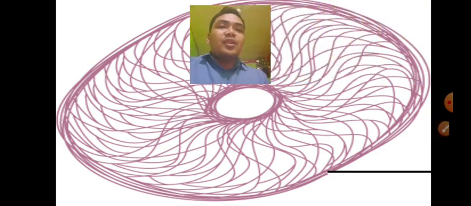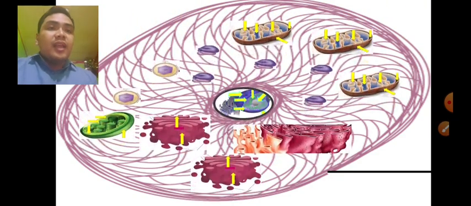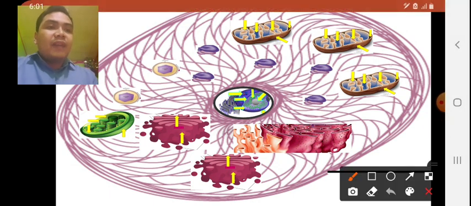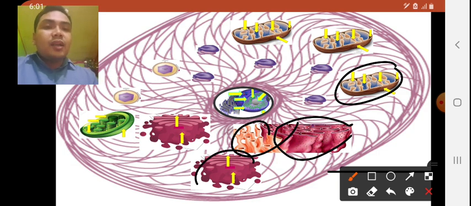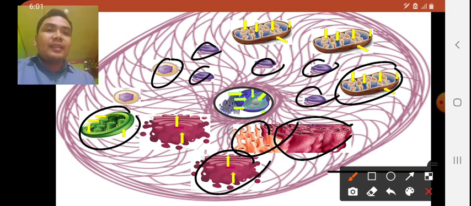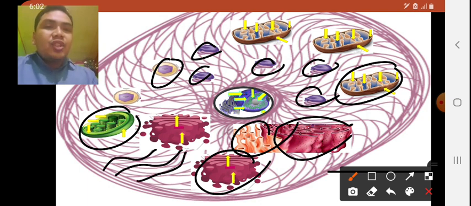As you notice in our illustration, we have a typical cell in which inside this cell we have the different organelles that we tackled from the previous video presentations. So you have the mitochondrion, the rough and the smooth endoplasmic reticulums, the Golgi body, the chloroplast, the peroxisome, and then you have the ribosomes. But take note, class, that these organelles are located within the gel-like structure of the cell known as the cytoplasm. But observe carefully that we have these thread-like structures that are extended.